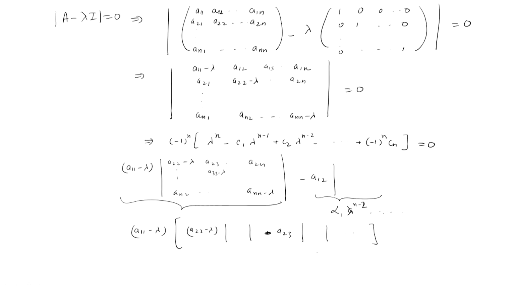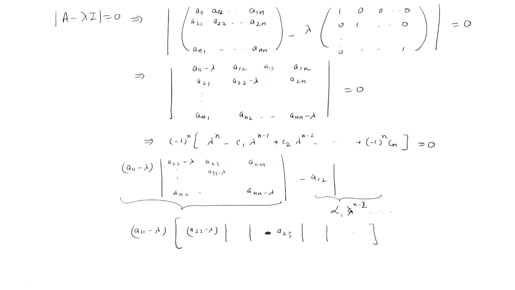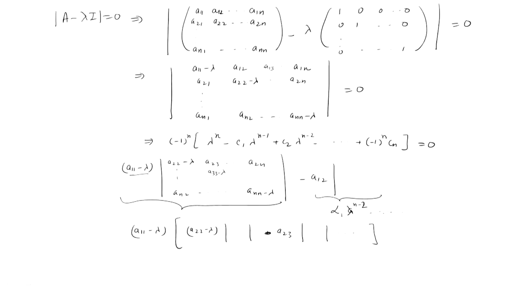So, that means it will contain maximum lambda raised to power n minus 2 and n minus 3, because this determinant is having lambda raised to power n minus 1, one factor is already outside. So, this determinant is having lambda raised to power n minus 1 and 2 factors are not coming, that means the maximum power which this element is having is lambda raised to power n minus 3, and when you multiply this with lambda, it will be having lambda raised to power n minus 2.